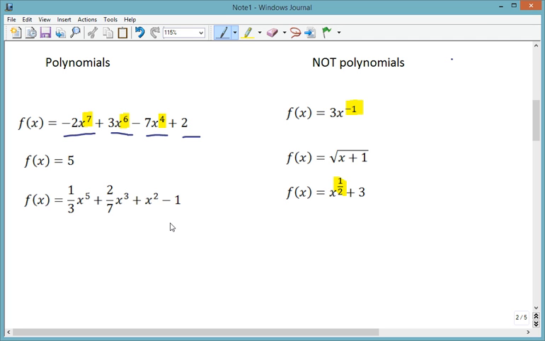If we had something with just 2 terms, like if we had the function x plus 3, that would be a polynomial. It would be a first degree polynomial because the biggest degree on the variable would be a 1, and it has 2 terms, so we would call it a binomial.